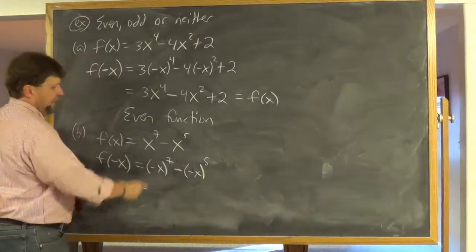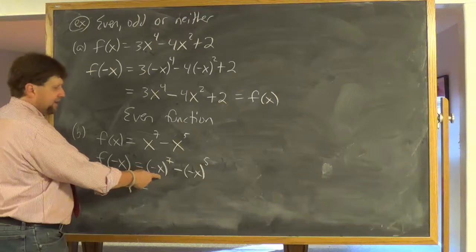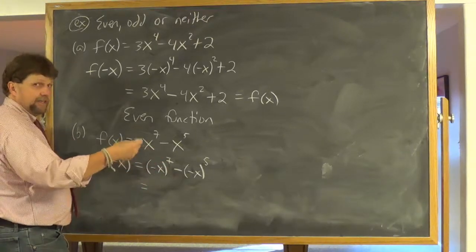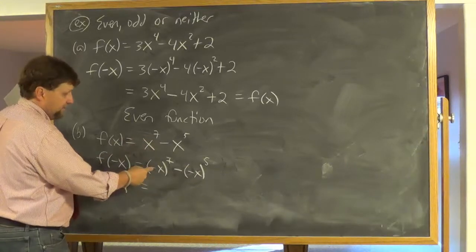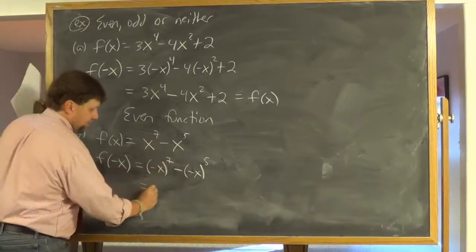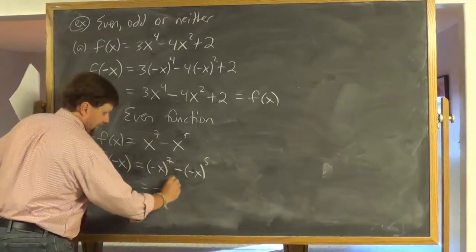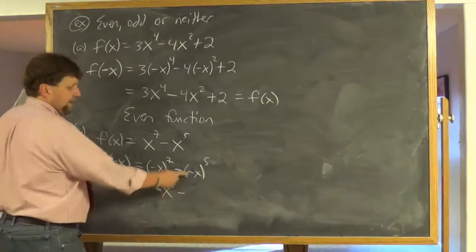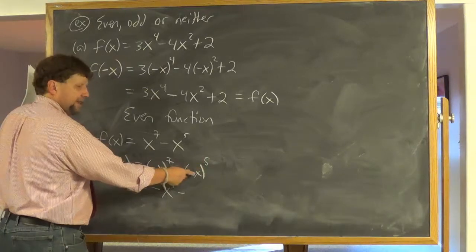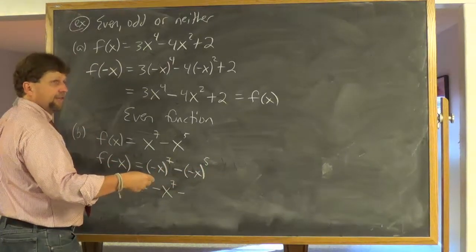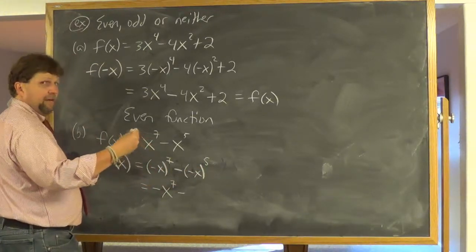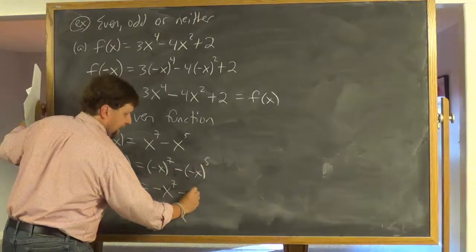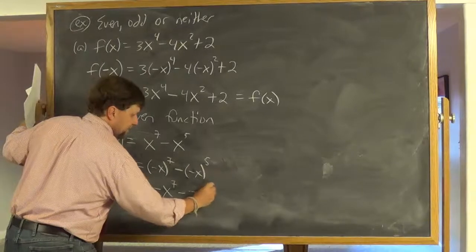Negative 1x to the 7th power: negative 1 to the 7th power is negative 1, so negative x to the 7th is negative x to the 7th, minus negative x to the 5th. Well, that's a negative 1x to the 5th. Negative 1 to the 5th power is negative 1, so negative x to the 5th is negative x to the 5th.